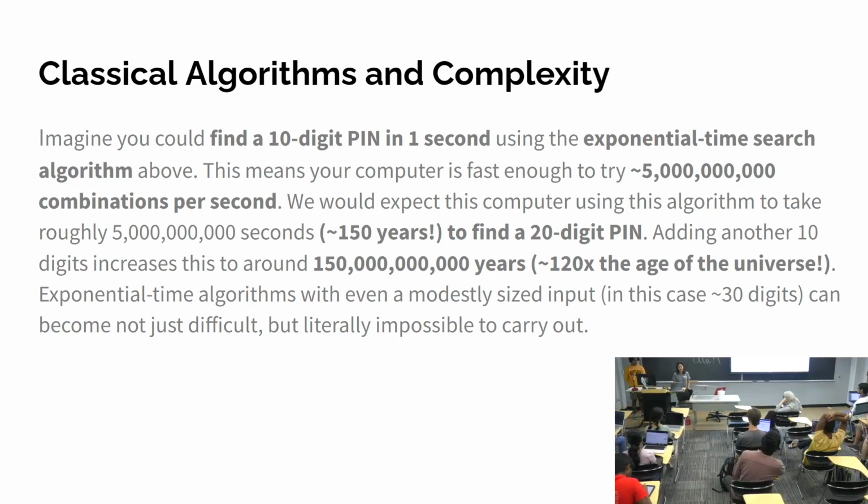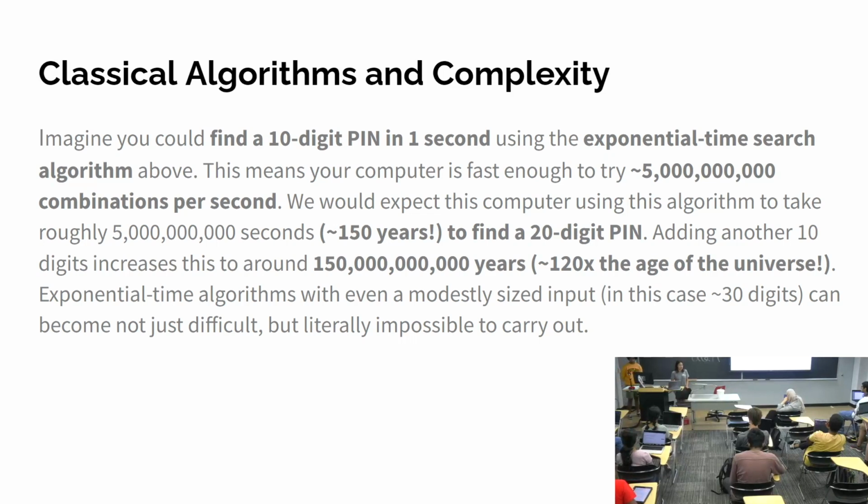Climate modeling has so many different variables in it that if you were to try to simulate it on a regular computer, that would take even the best supercomputers, as it says here, just so much longer. Optimizing your financial stocks can be made faster, more efficient with a quantum computer. There are a lot of different possibilities, but again, only for certain problems. It's not going to solve everything.